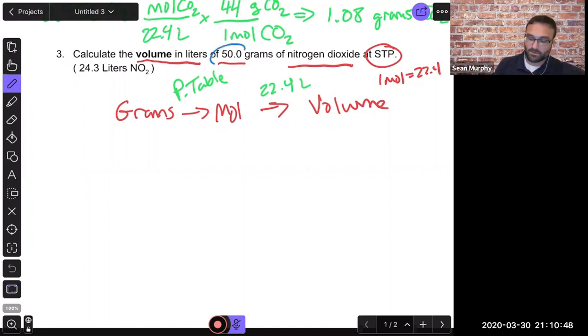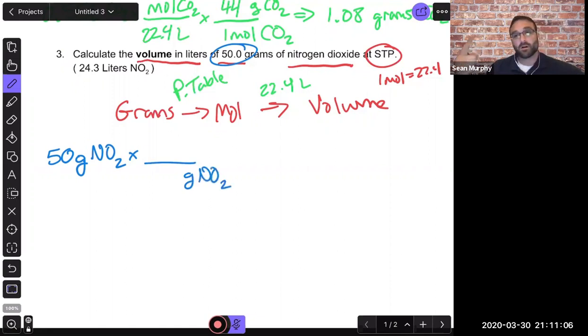Our starting material is 50 grams of nitrogen dioxide, NO2. Grams of NO2 on the top, grams of NO2 on the bottom. Oxygen is 16, there's 2 of them, plus 1 nitrogen, so 16 times 2 plus 14.